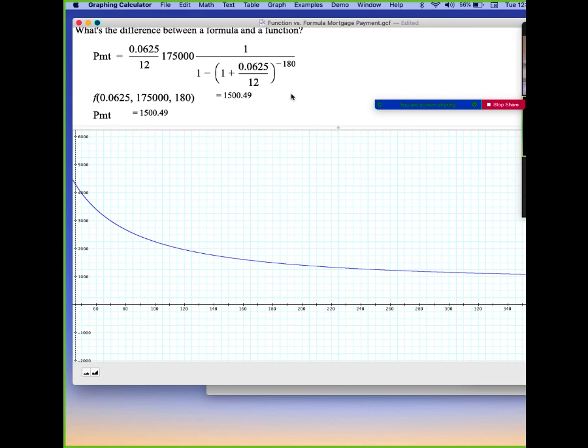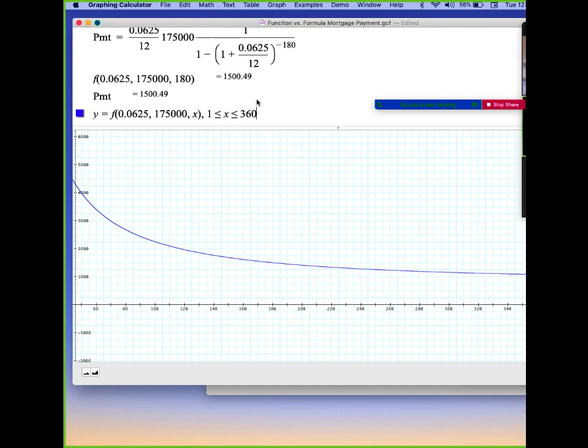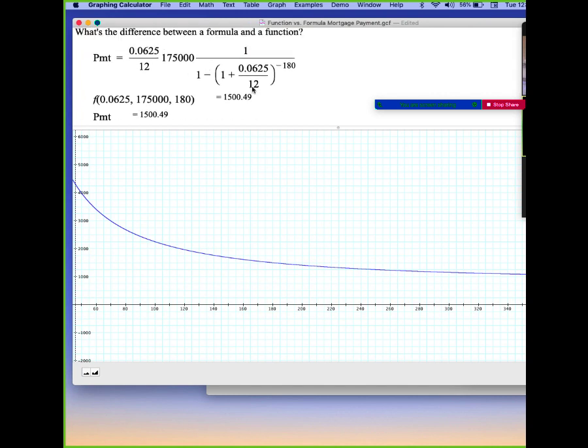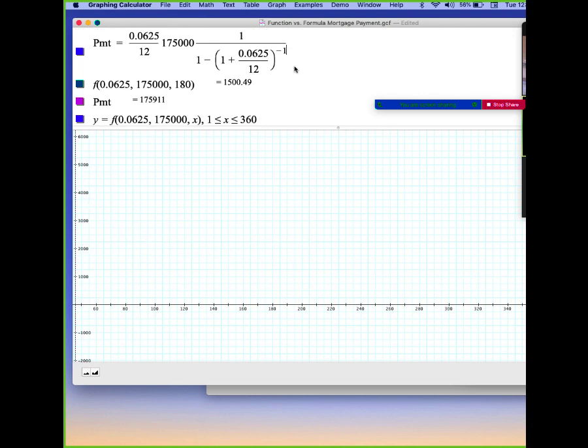What would that take? Would you have to say y equals p and t? Okay. And then plug in an x for the n in this formula? Mm-hmm. So if I plugged in the n, is this the n right here? So what do you guys think? If I plug in x here, and then I do y equals payment, will that graph it? What do you think?